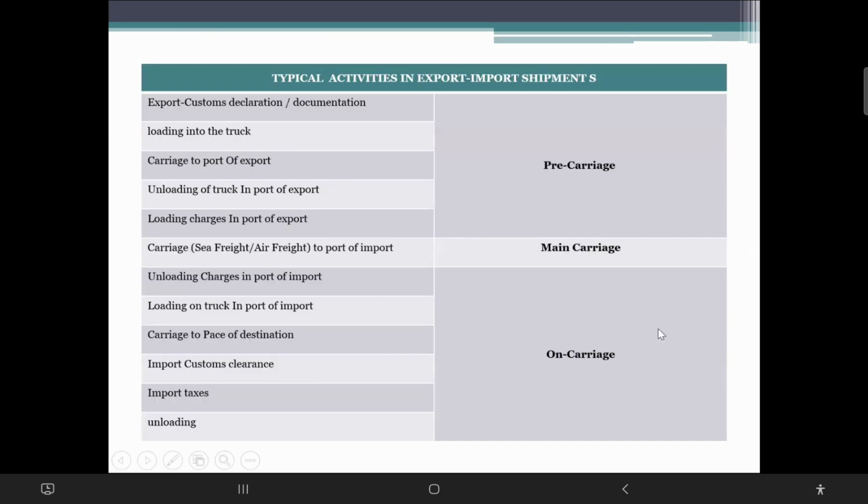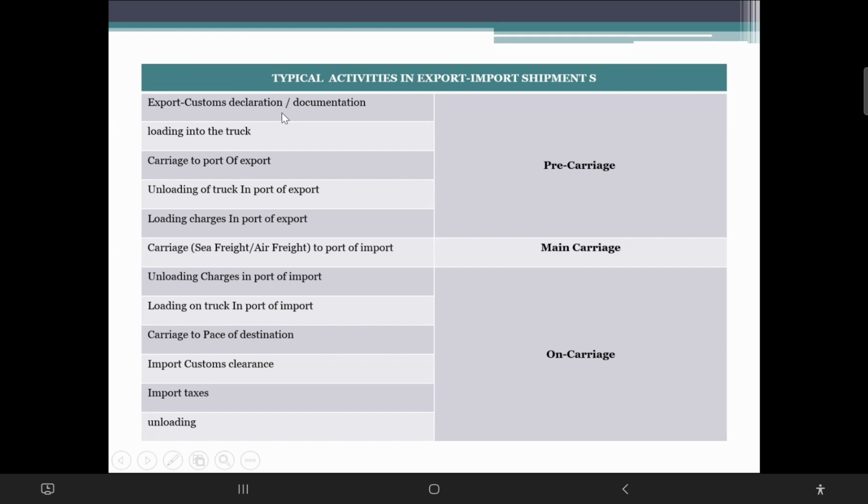Now, if you want to understand the Incoterms from the exporter's point of view, this is how export activities typically happen. It starts from documentation.